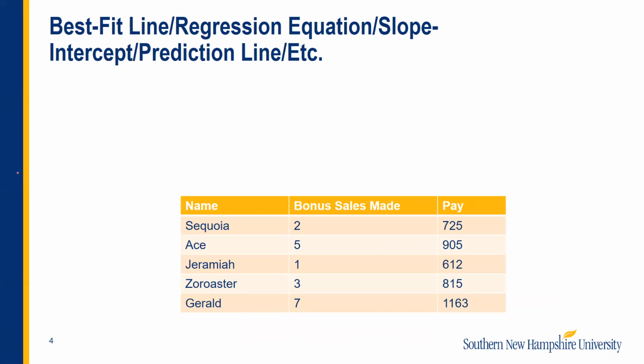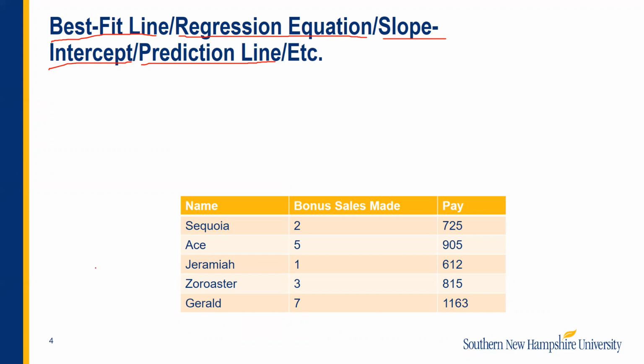So now let's put it all together with an example. The regression line equation can be called so many different things, and I have some of these names up top. We have best fit line, regression equation, regression line equation, slope-intercept equation, prediction line equation, and there might be some other names along the way.